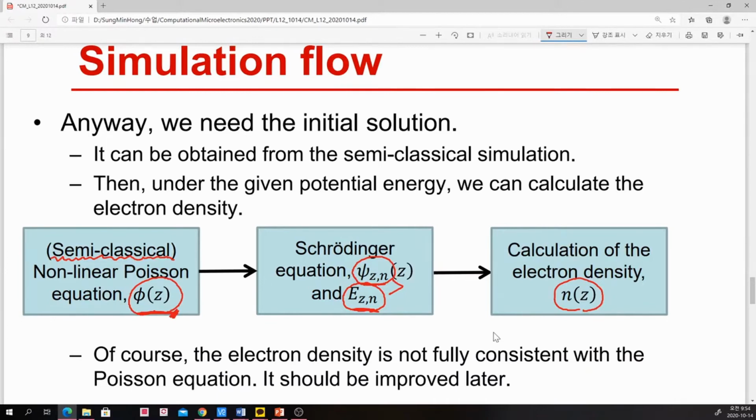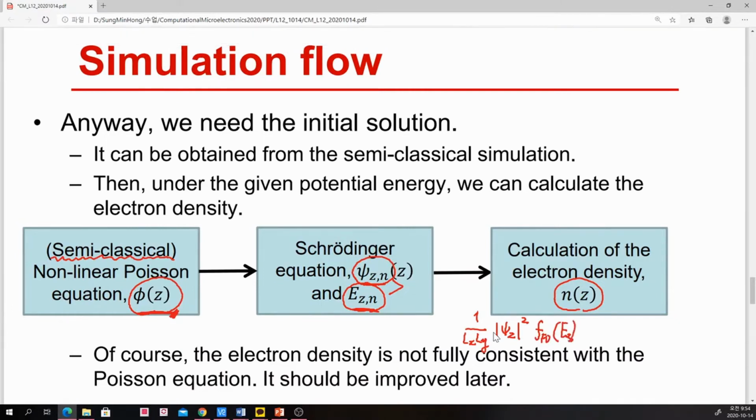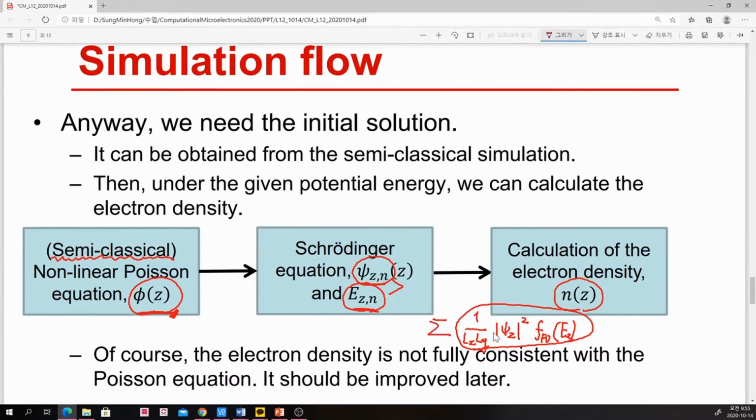For a given subband, just calculate the wave function squared, 1 over Lx and Ly, and the Fermi-Dirac distribution by using also the subband energy. That will be the contribution from one single subband.